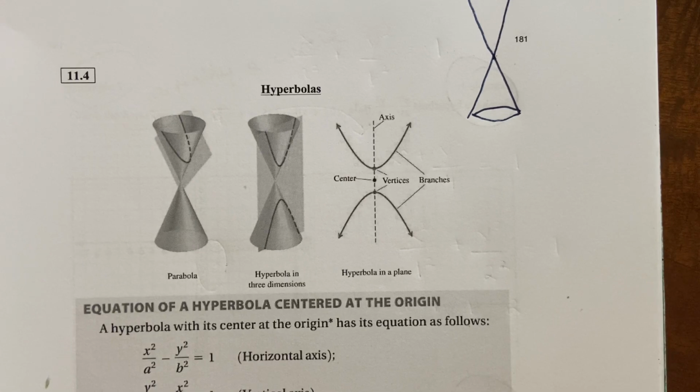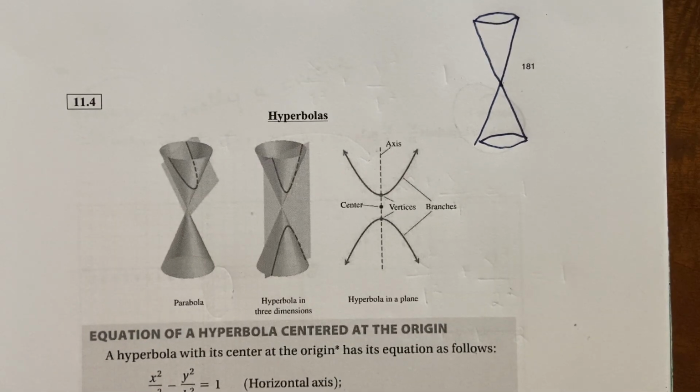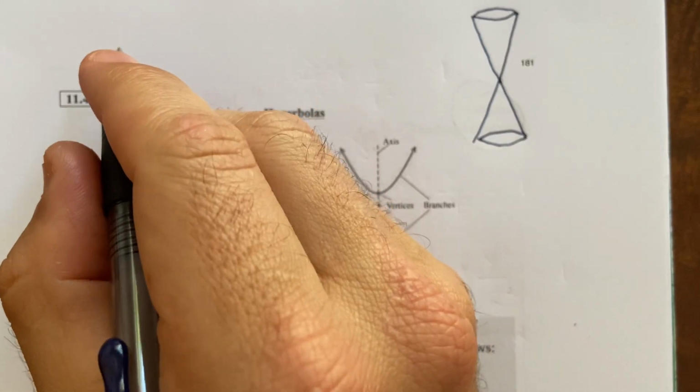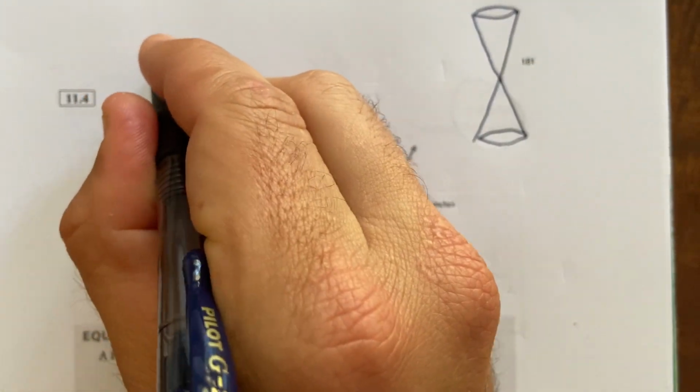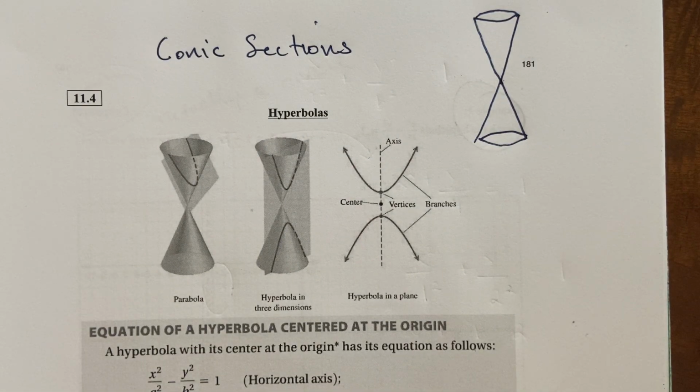What we've been seeing, sections 11.1, 11.3, and now 11.4, these are all called conic sections. So if you're Googling around trying to look for this stuff, conic sections is a nice Googleable phrase.